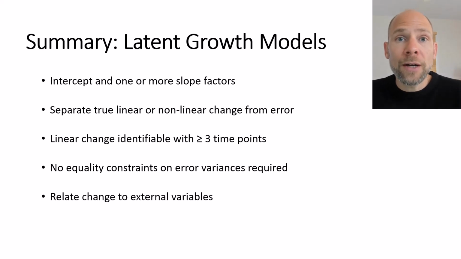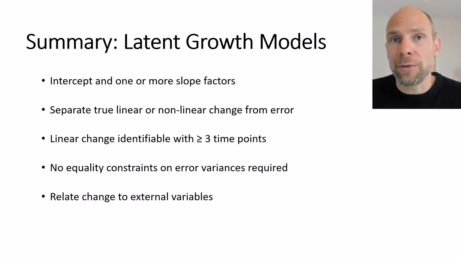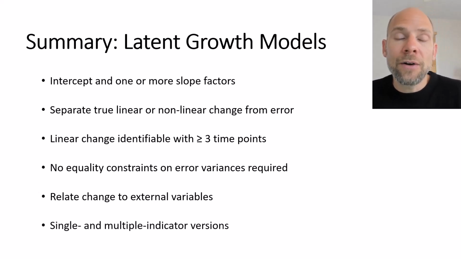You can also relate the growth factors to external variables. So both the intercept and slope could be used as outcome variables that are predicted by other variables, or they could be used as predictor variables, or they could be correlated with other variables. So that's also possible. And for growth curve models, there are both single and multiple indicator versions available.